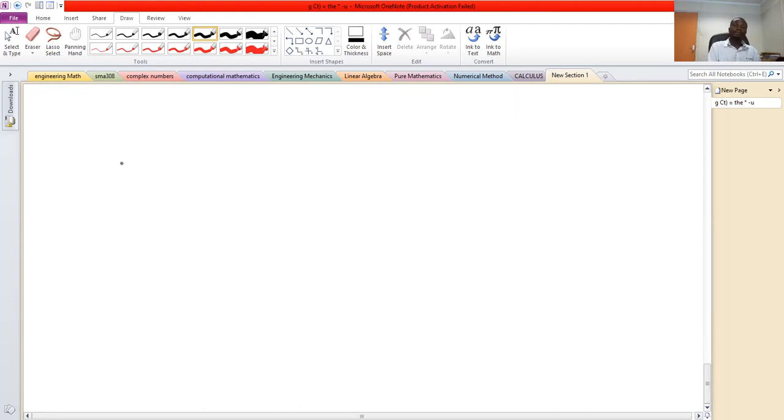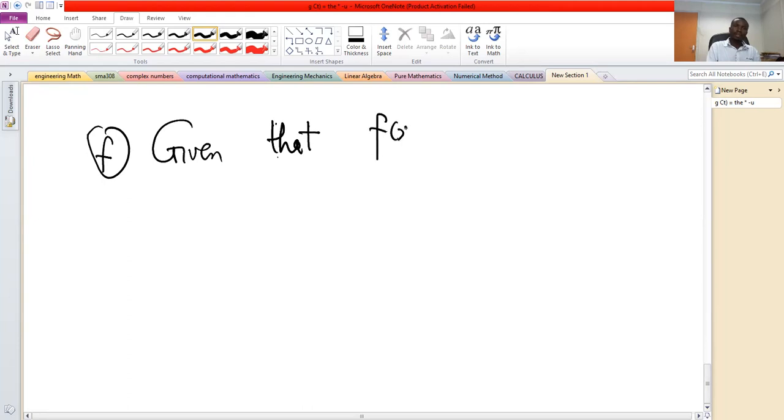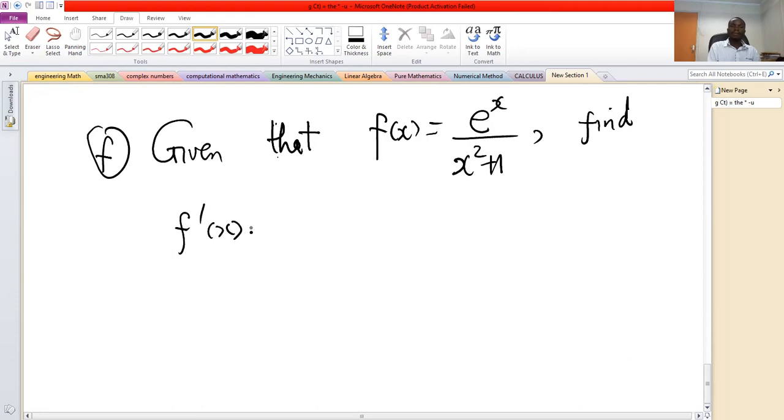And lastly, given that f of x is e raised power x over x squared plus 1, find f prime of x.